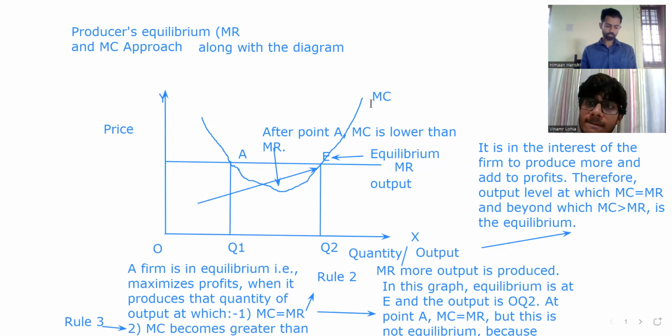Numericals based on expenditure method and income method as well. From the following data, calculate gross national product at market price and net national product at factor cost by expenditure method. And for income method, are there problems as well?